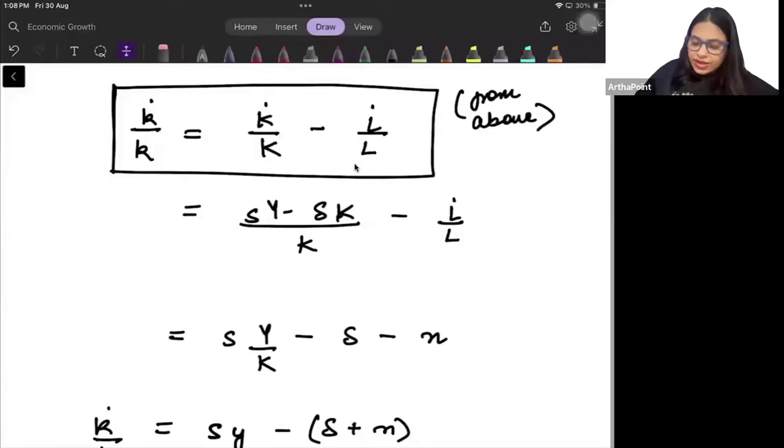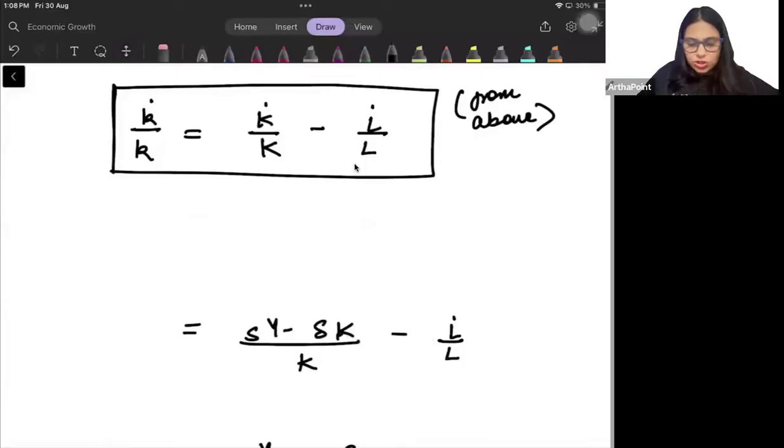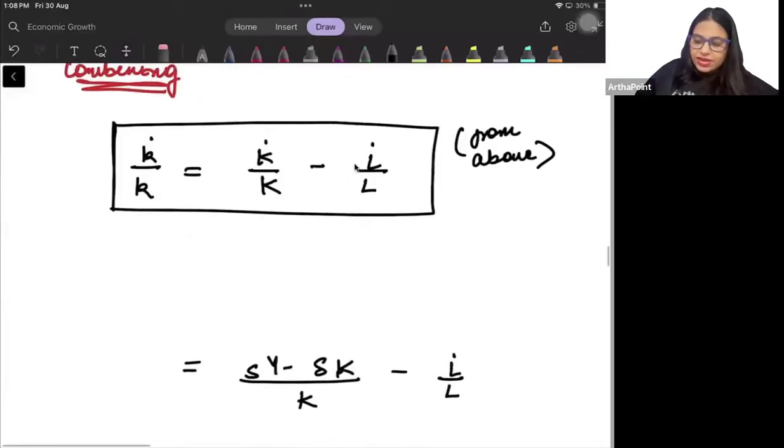Then you remember that I had my capital accumulation equation, and what did we write in it? That the change in capital, not capital per worker, the change in capital. How was capital changing? Due to investment it was increasing, due to depreciation it was decreasing.